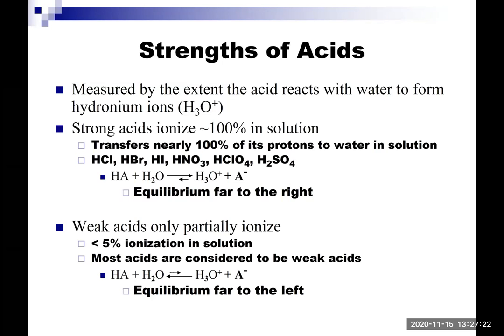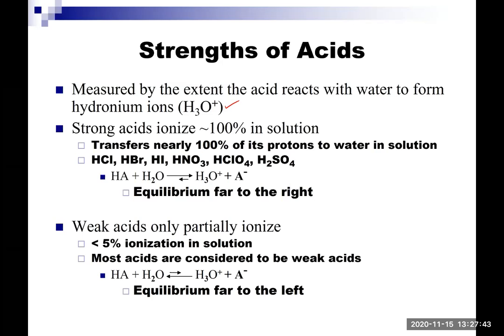Acidic solutions are measured by the extent to which the acid reacts to put hydronium ions into solution. And so it's not the acid itself that makes a solution acidic or basic. It's how the acid can increase the concentration of hydronium ions, or H plus, in the solution.